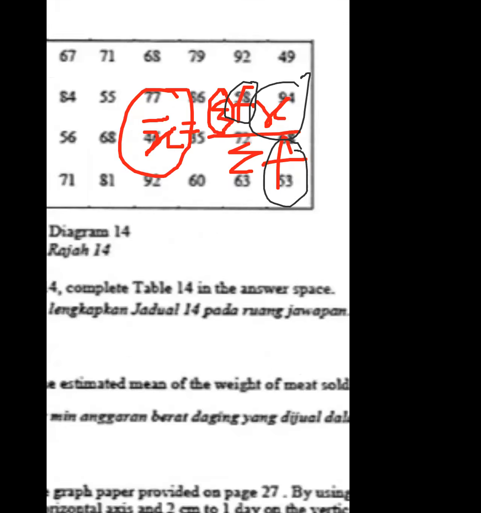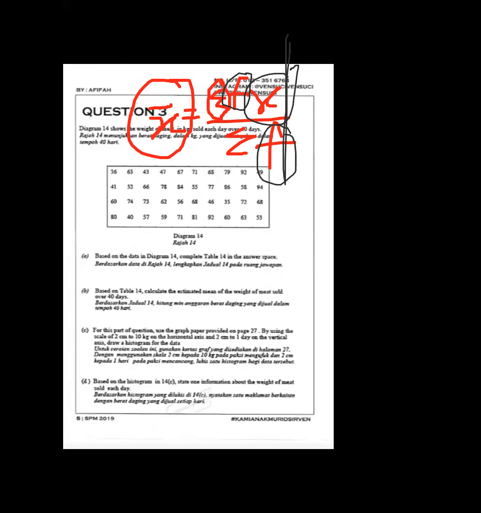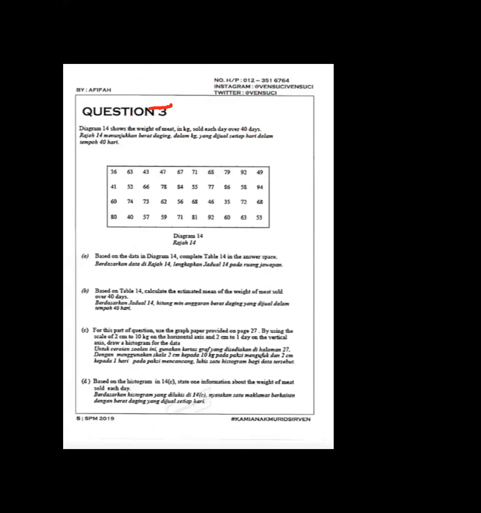So this also is frequency. So the formula is the sum of frequency times the midpoint, divided by the sum of frequency. So when you substitute everything in this formula, then you will get the estimated mean.